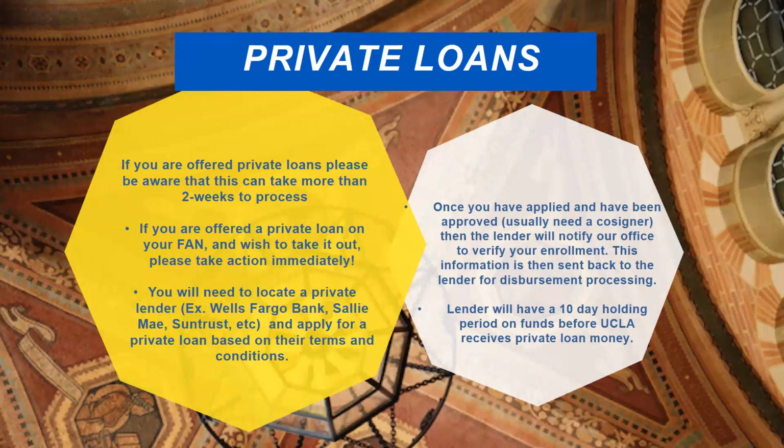And it could be Wells Fargo, Sallie Mae, SunTrust, Discover does private education loans. You'll need to pick whatever private education loan lender you want to use, and you'll go to their website, and you need to complete an application through their website.